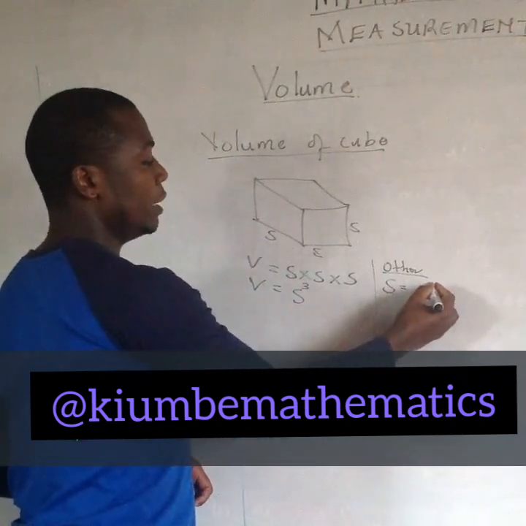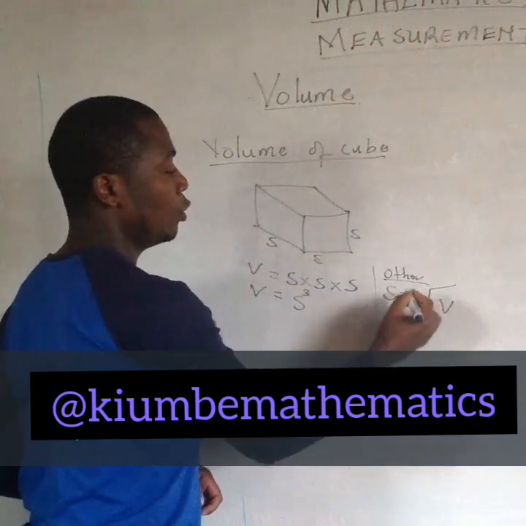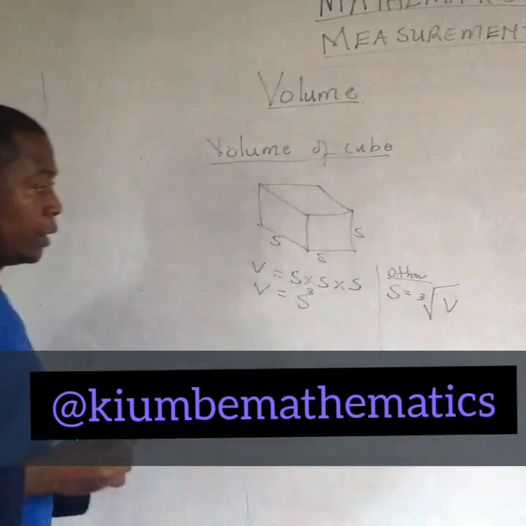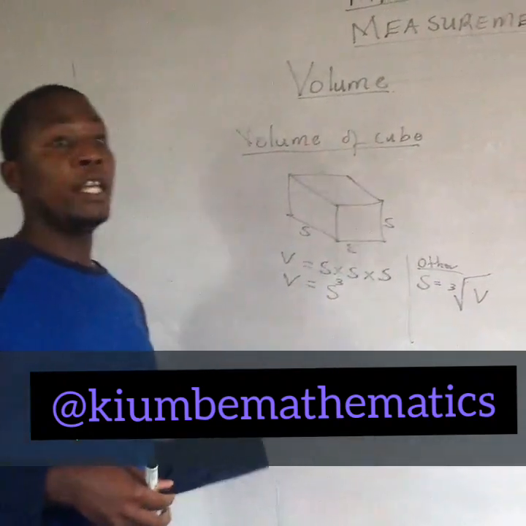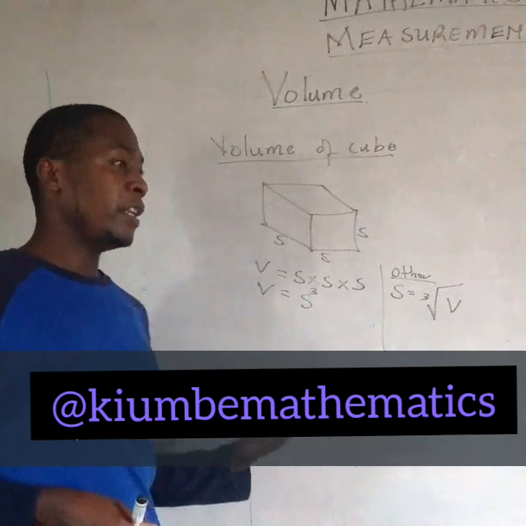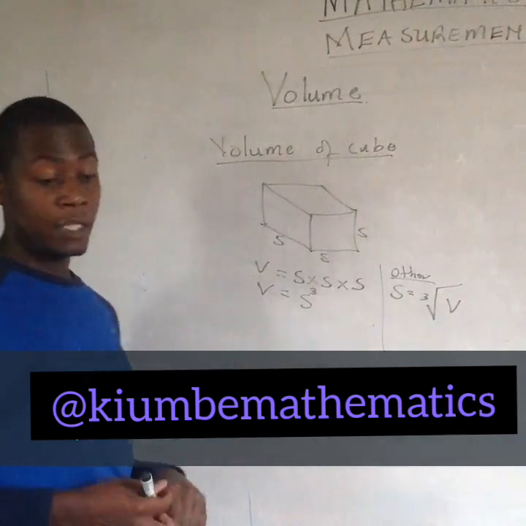And you can also have other formulas there, that if you want to get one side, you simply get the cube root of volume, the cube root of volume. Remember, there's a difference between square root and cube root. Cube root simply means you look for a number that can be multiplied 3 times by itself to get that particular answer.